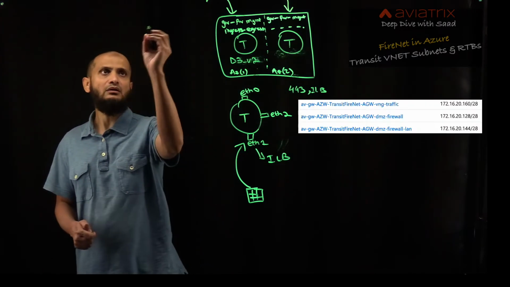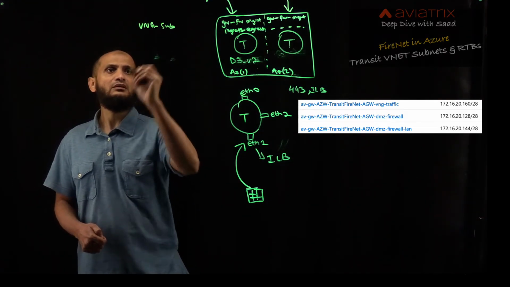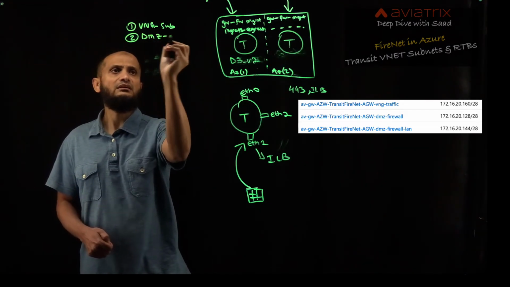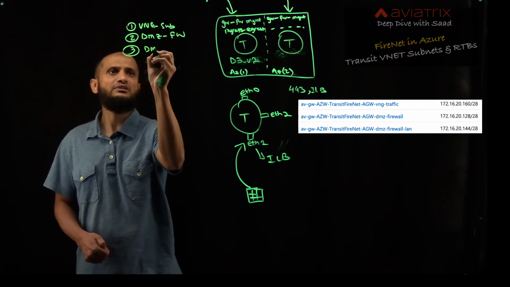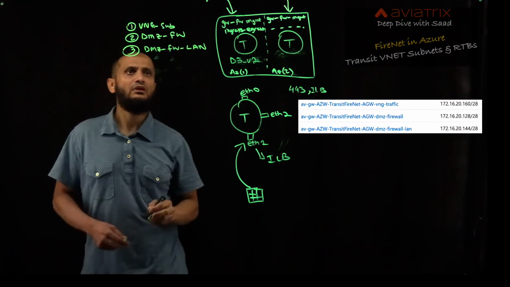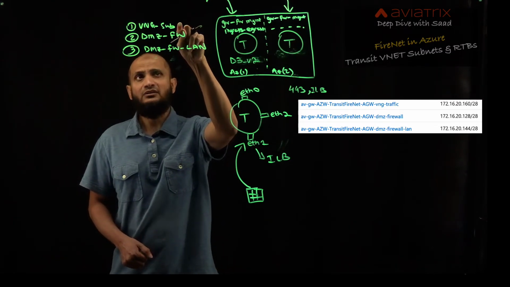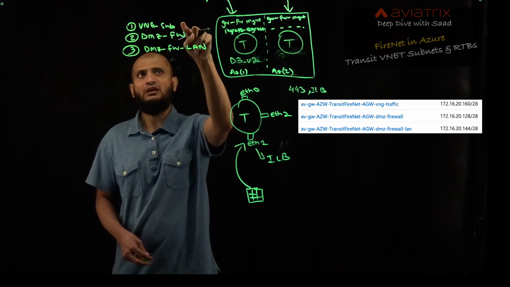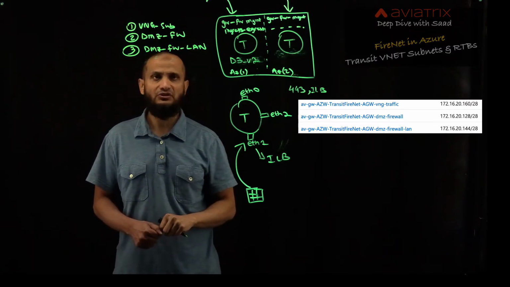These subnets are the VNG subnet, the second subnet is the DMZ firewall subnet, and the third subnet is the DMZ firewall LAN subnet. This VNG subnet is for native VNG integration, and again, just skip this one. You don't have to worry about it because most of the deployment is without this VNG integration.